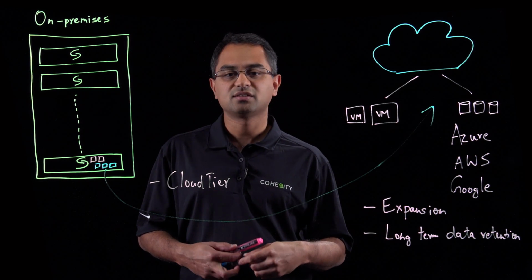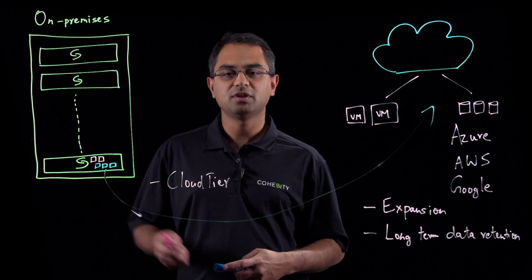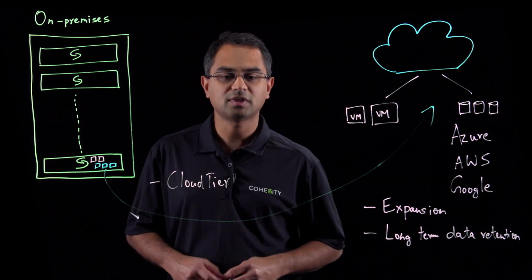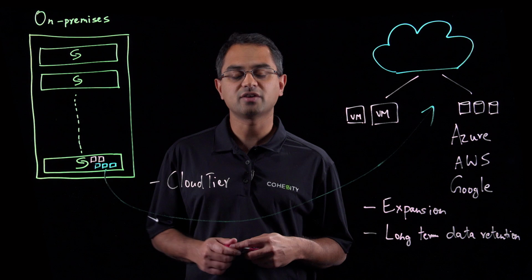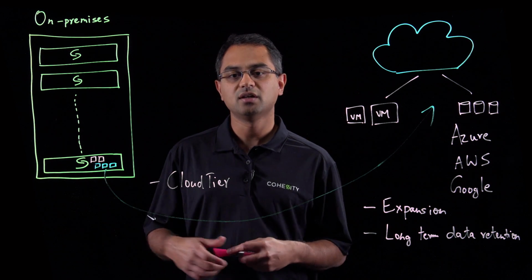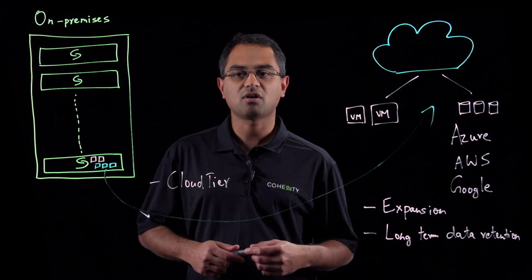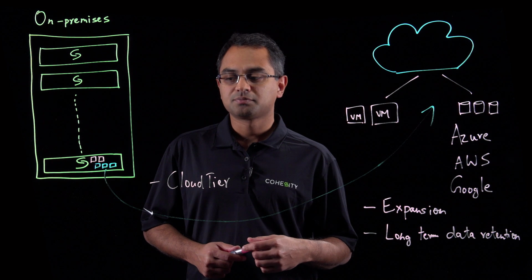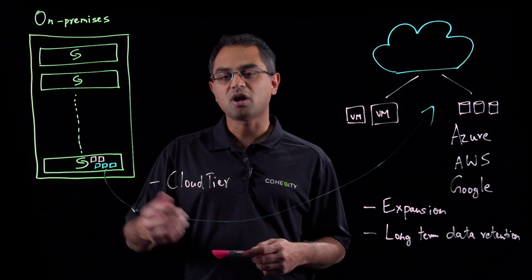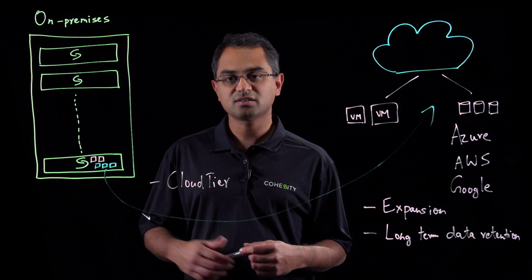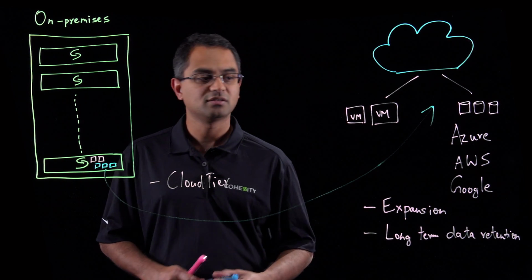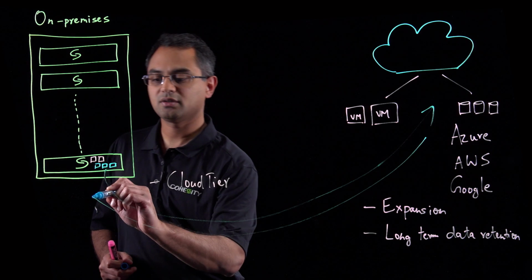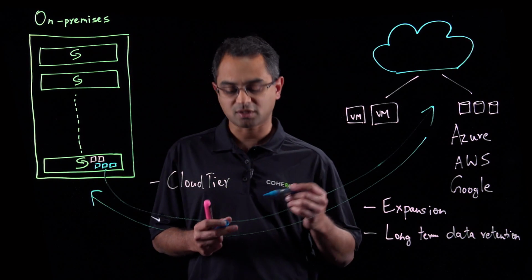And what this does is it opens up capacity that can be used for other necessary applications in the on-prem side that require the ingest of data for backup. And then when these blocks are accessed by the relevant application, then they can be brought back onto the on-prem capacity from the cloud.